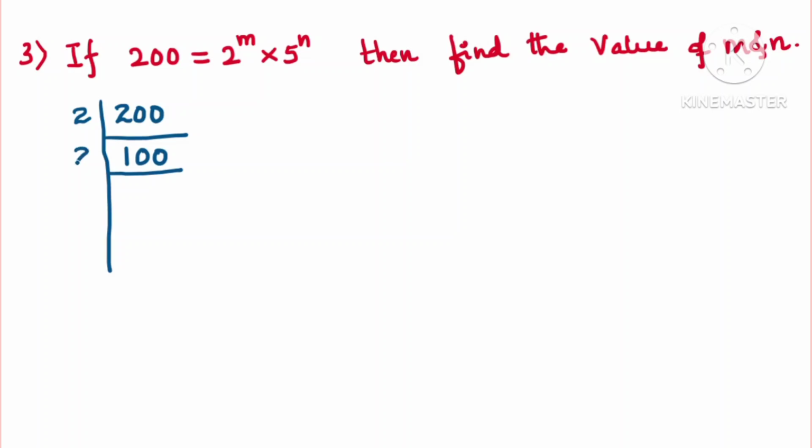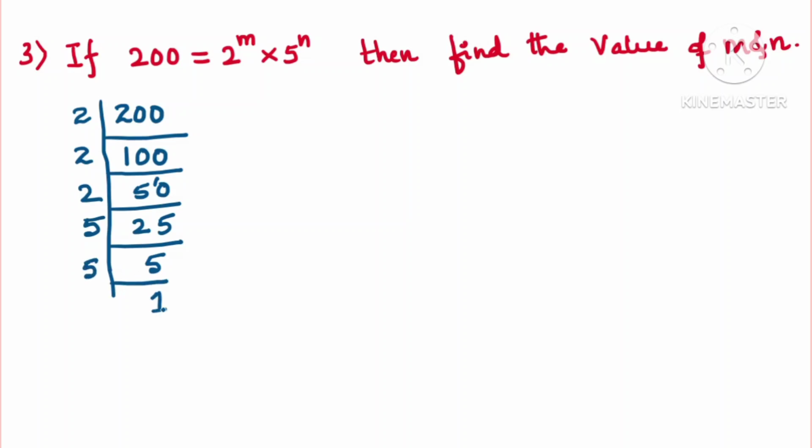Again 2 5s are 10 and single 0 as it is. Then 2 2s are 4, but we have 5, so from this 5, if I take away 4, 1 will remain. So again 2 5s are 10, but you cannot divide 25 by 2. So I am going to take the next prime number, that is 5. 5 5s are 25, and the last one is 5 1s are 5.